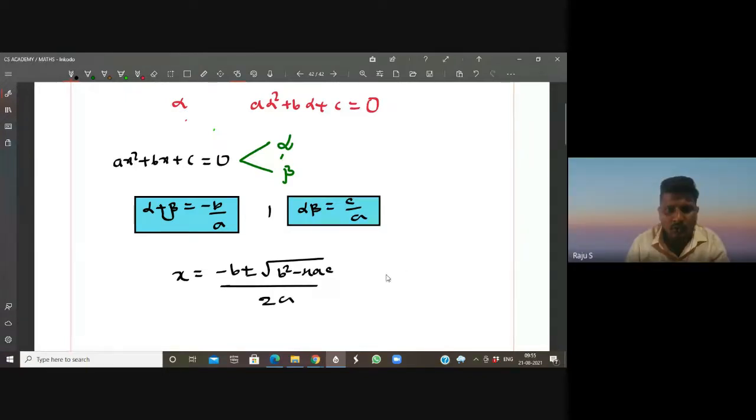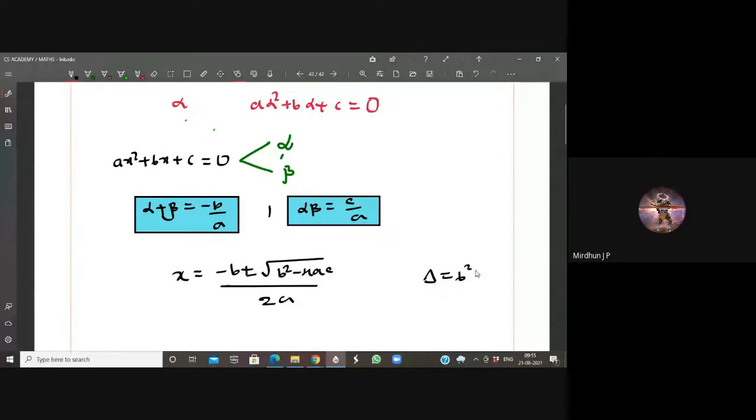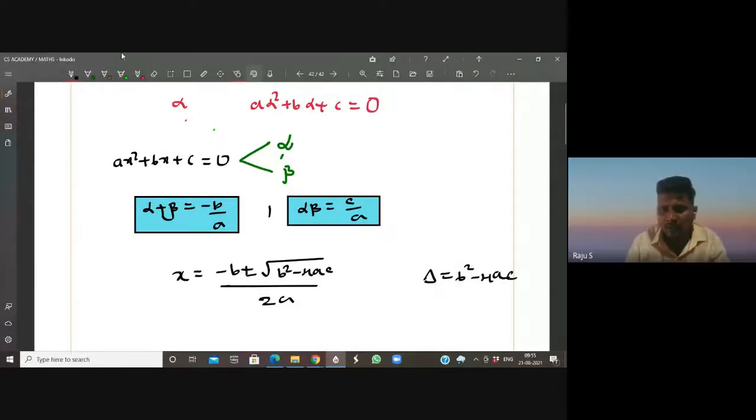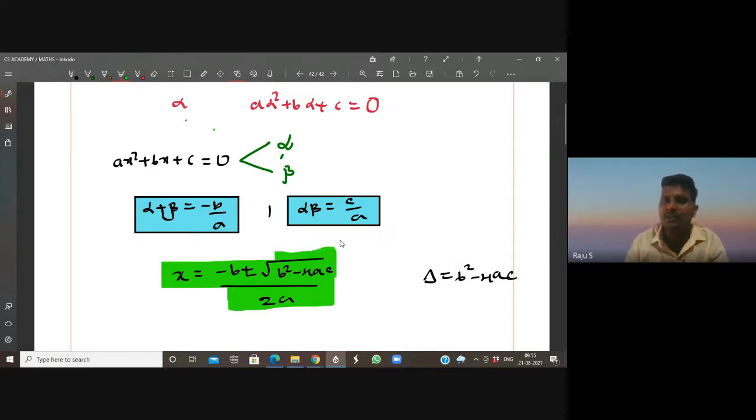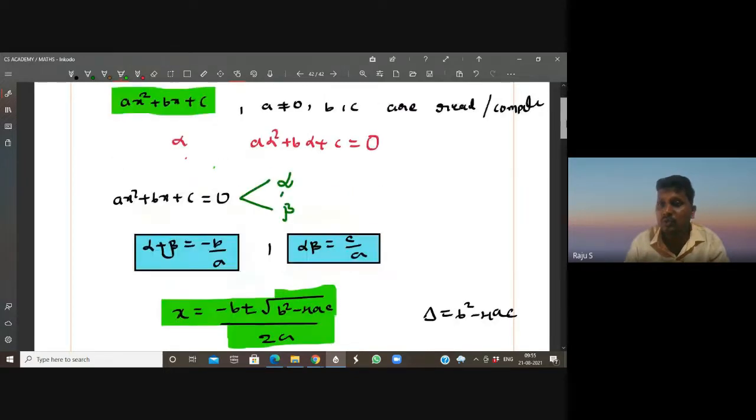Here b square minus 4ac is called the discriminant. What is the use of the discriminant? With its help, we can directly say the nature of the roots, whether the roots are real or complex. That is called nature.